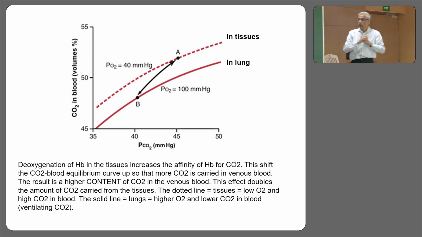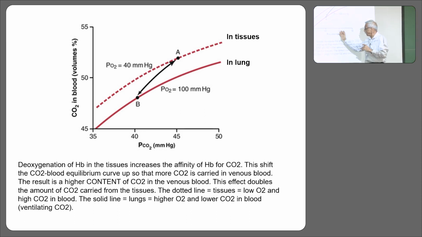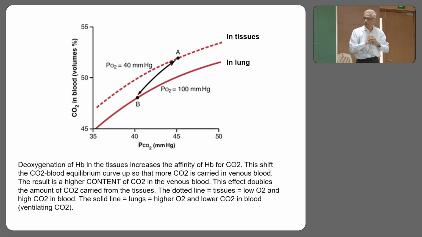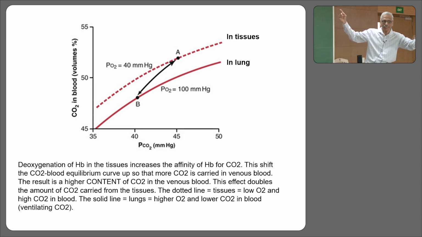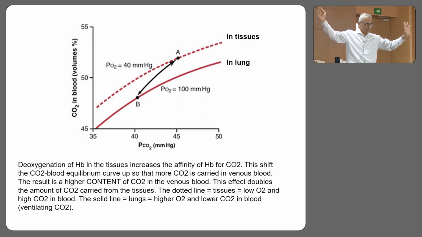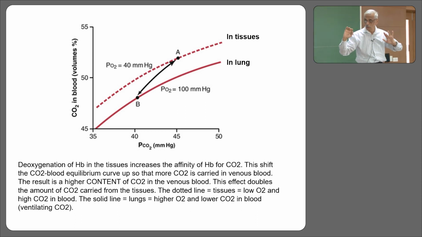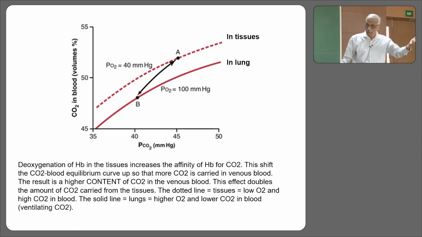Now, when that is happening, the blood has lost oxygen. Hello, we are in the tissues. The blood has what? It has lost oxygen. As a result of that, the hemoglobin molecule has more affinity, it can combine with more carbon dioxide.